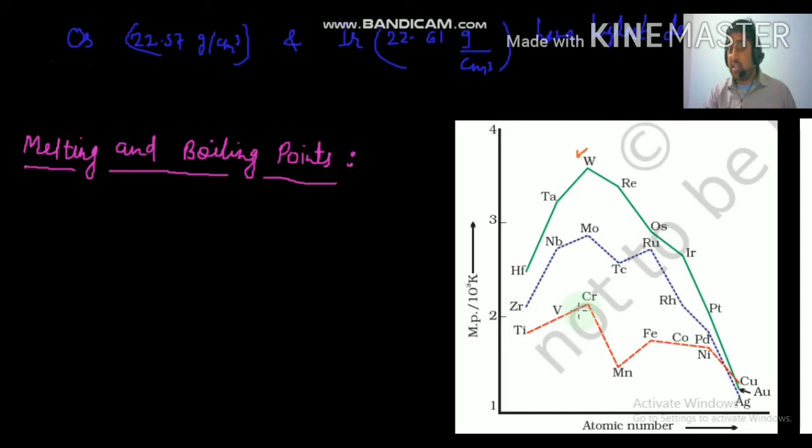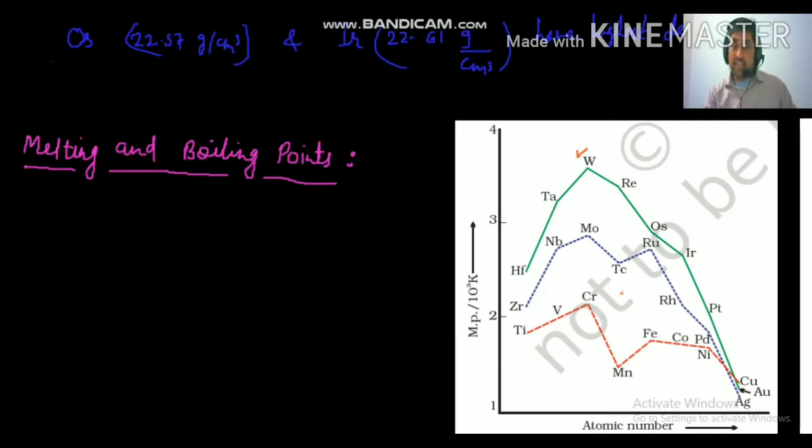Then in the first series, titanium, you see chromium has the highest. Then as per expectation, manganese should be somewhere there, but unexpectedly manganese has a low melting point. Now we will discuss why this trend is there.